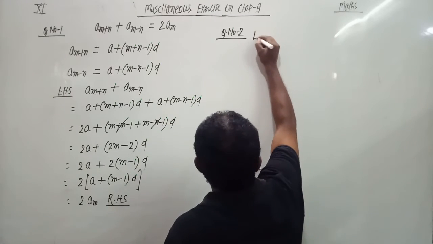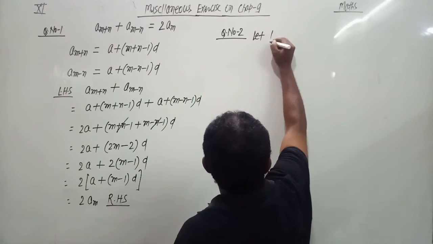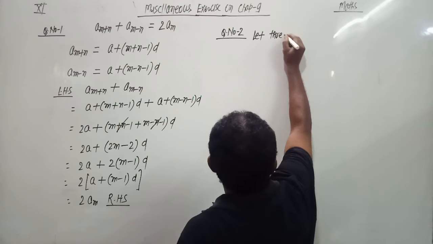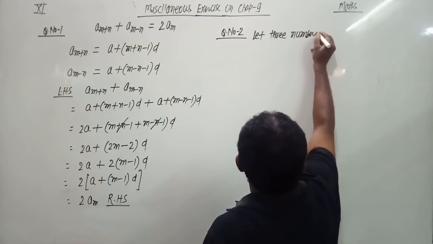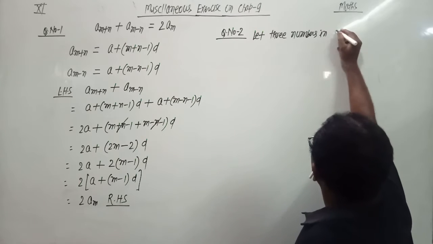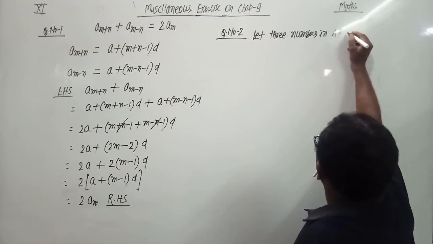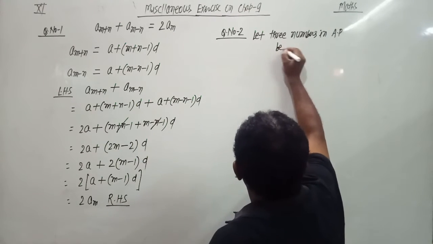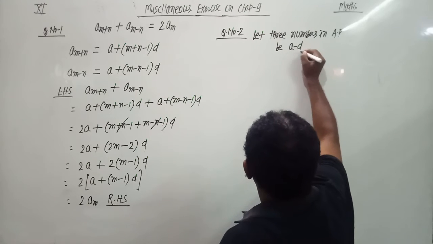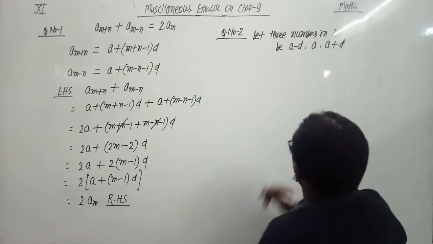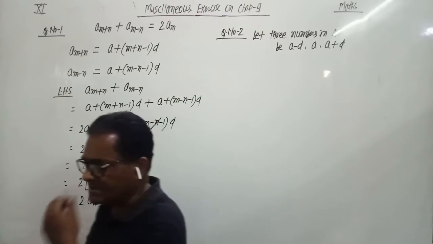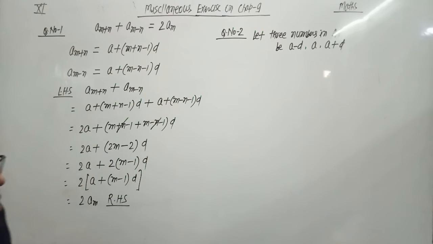Let the 3 numbers in AP be a minus d, a and a plus d. The 3 numbers in AP are taken as a minus d, a and a plus d.